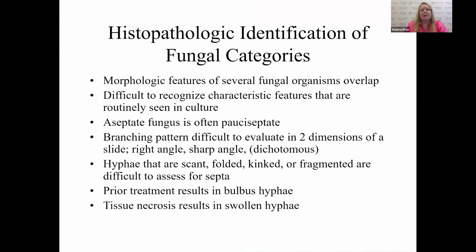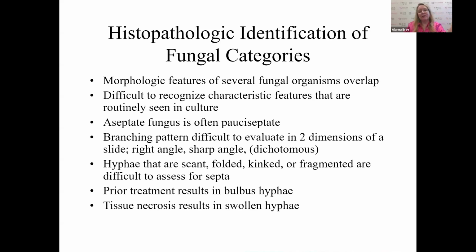So histopathologic identification of fungal species can be difficult. It's very important to have a dermatopathologist look at this because it does look very different under the microscope. It can be aseptate, pauciseptate. The branching pattern can also be difficult to evaluate in 2 dimensions.